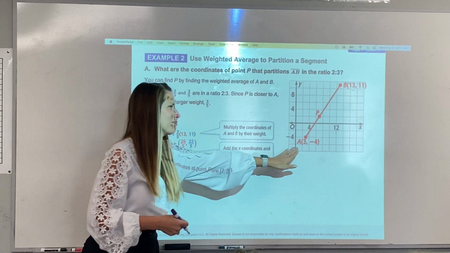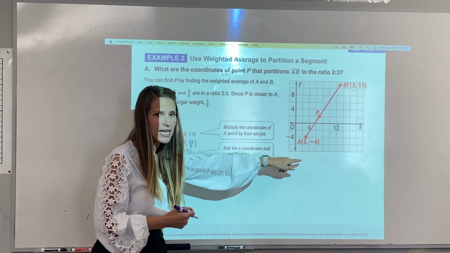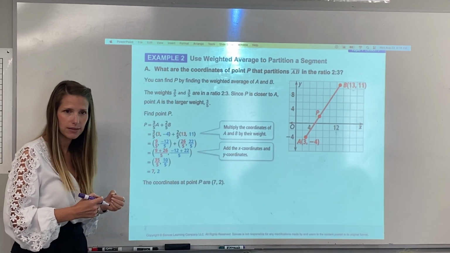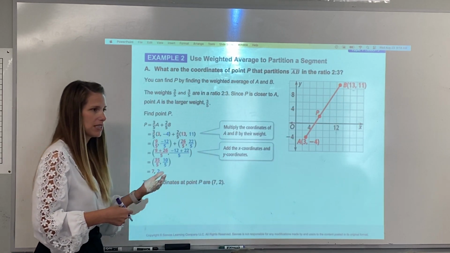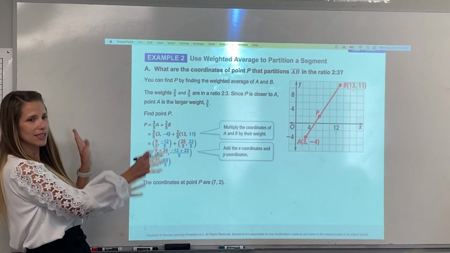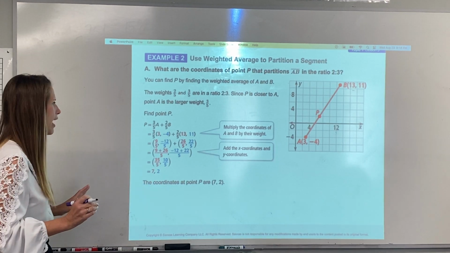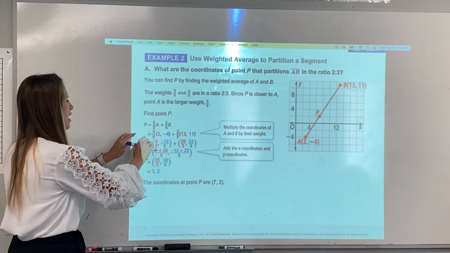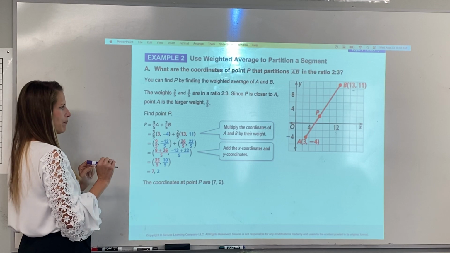Now we have coordinate pairs. So we're going to actually multiply a coordinate pair times its weight, and multiply the other coordinate pair times its weight. It looks complicated, but we're going to work slowly and you're going to see it's pretty simple, okay? As long as we set it up correctly and just fill in, we'll keep it nice and organized.